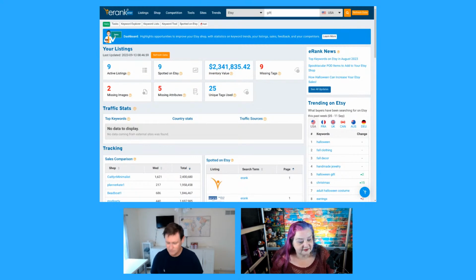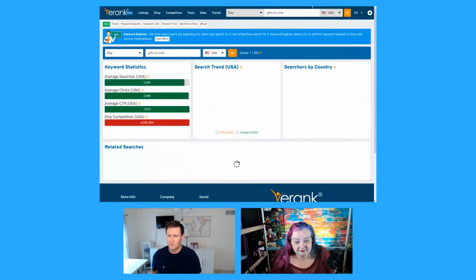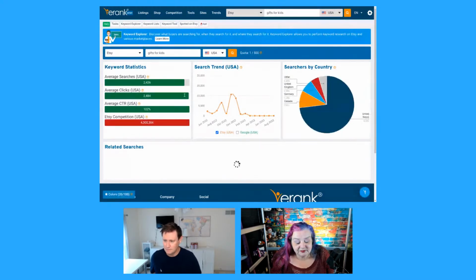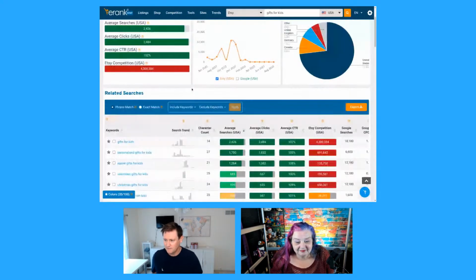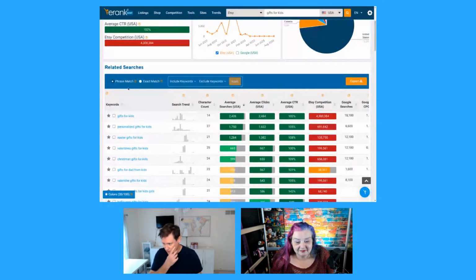Gifts for kids. I'm popping into the Keyword Explorer like so. It takes a minute to fetch some keywords. Okay, so by default, we have phrase match turned on. That will essentially bring back results which contain those words, gift for kids, but in a fairly loose sort of order. So there could be words in between.